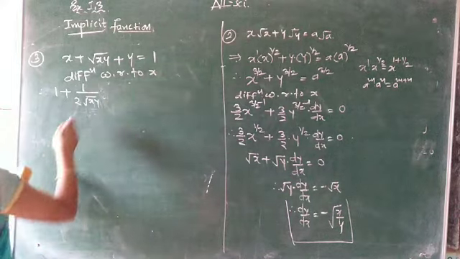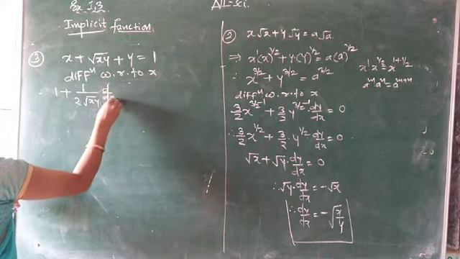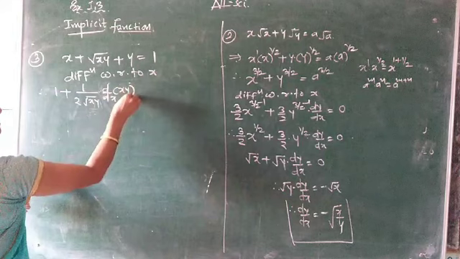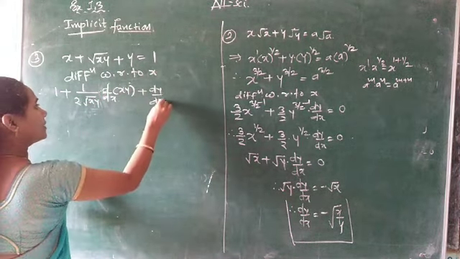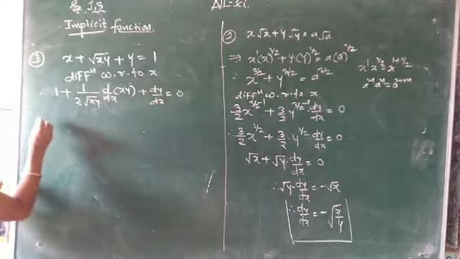This is the derivative of root xy plus dy upon dx is equal to 0.